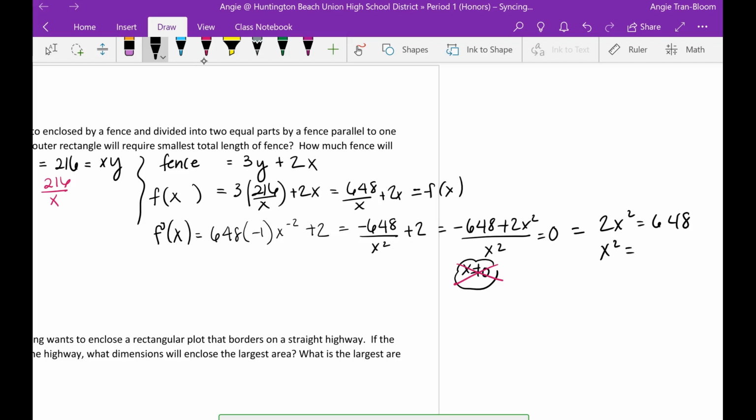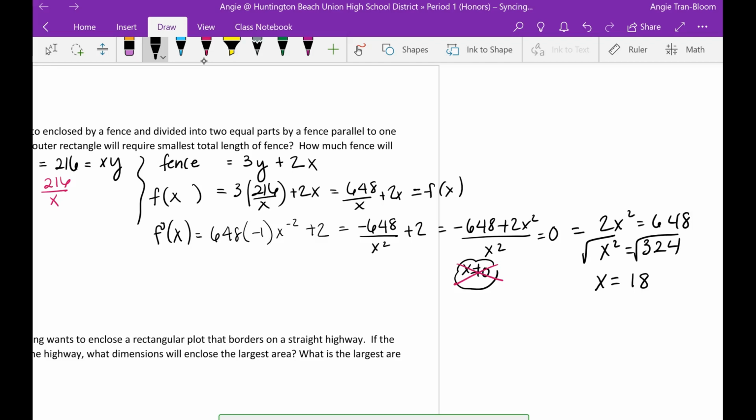What's 2 go into 648? 324. I need to take a square root. Is that going to give me a nice number, guys? 18? Oh, nice. Technically, it's plus or minus 18, but I do not care about the negative. All right, you got 18 for one of the x's.